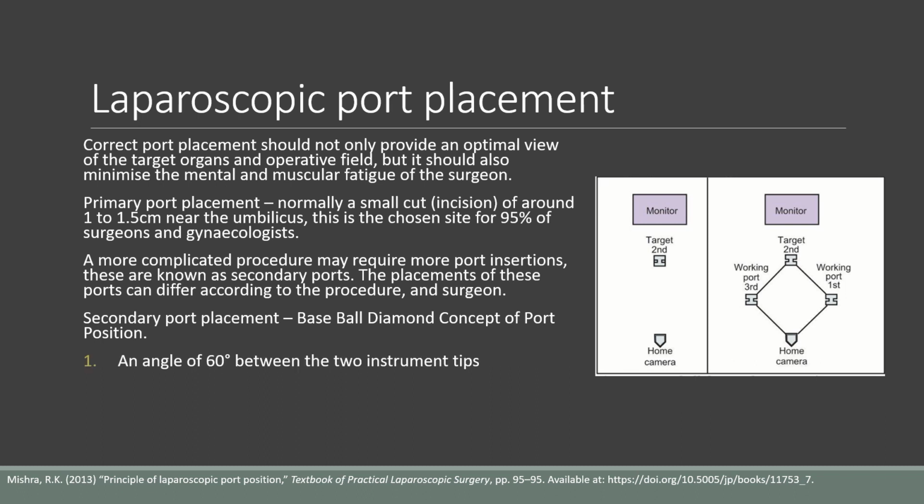This includes three things. You'd want to make sure that there's an angle of about 60 degrees between two instrument tips. There must also be a tangential approach to the site, and it must also be from an appropriate working distance. If you keep all these three factors in mind, it can help ensure that you are choosing the right secondary port placement. There's a picture on the right hand side which shows this.